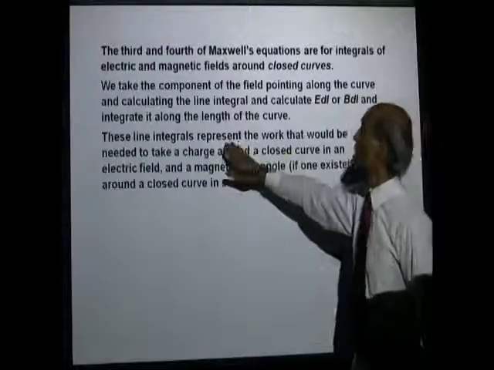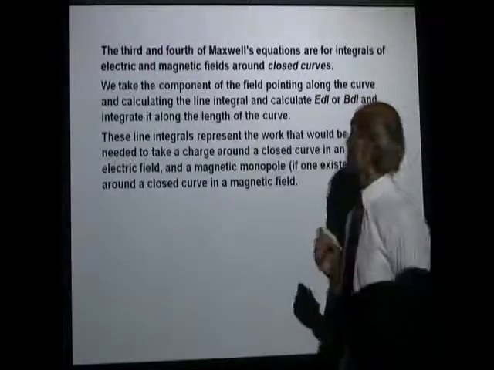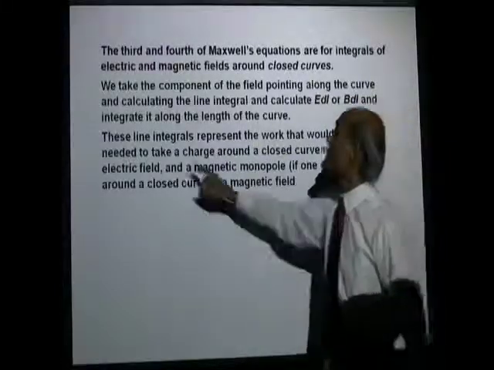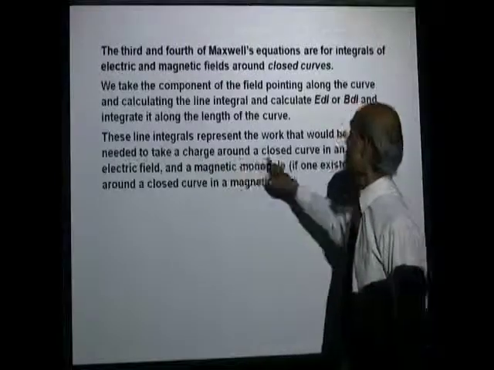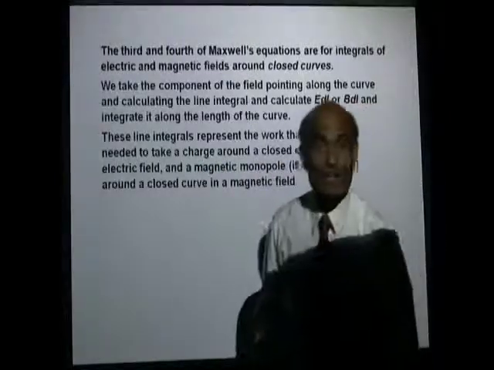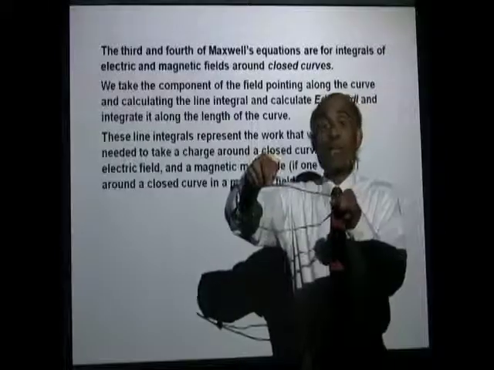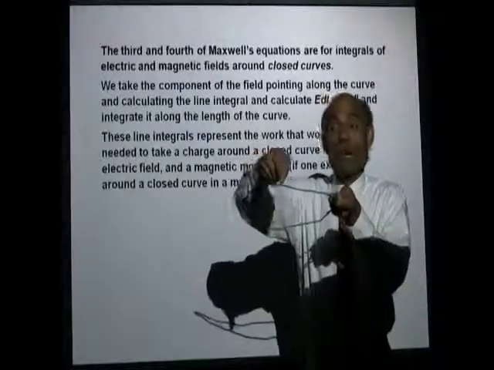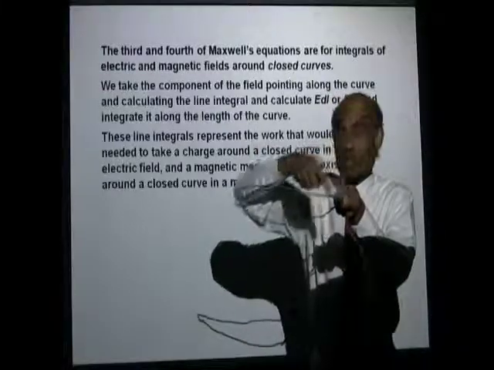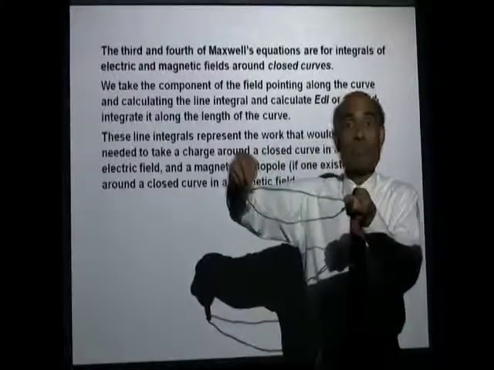These line integrals represent the work that would be needed to take a charge around a closed curve. So E dot dL is a measure of work done to take a unit charge around this closed path.